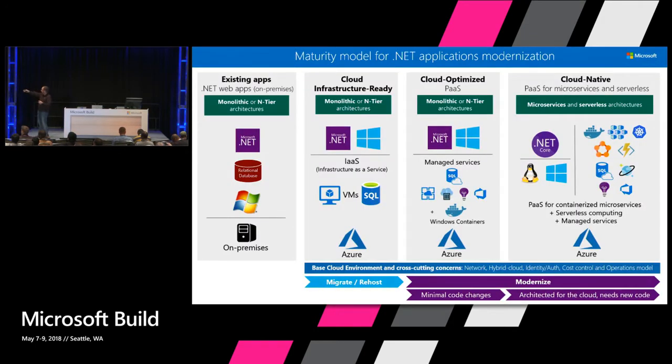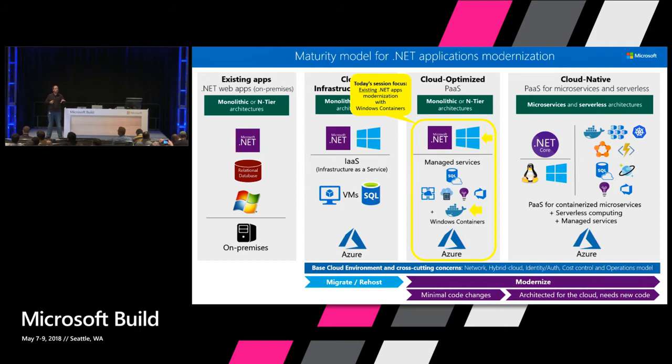Here you can see kind of the same maturity levels, but with different technologies. So if you just migrate with VMs, you're talking about just VMs and SQL in Azure, or SQL VMs as well, and so on. And in here, we are also talking about other technologies like Docker.